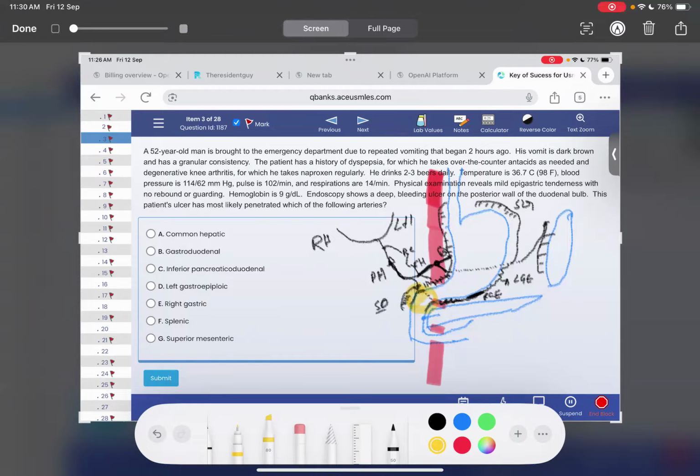If there is a laceration over here, which of the following arteries will be the cause of this bleeding? Gastroduodenal. Perfect. I think you have all cleared the anatomical position of the gastroduodenal artery.